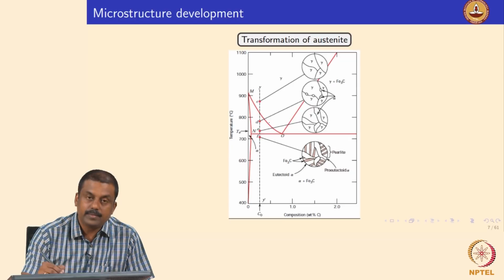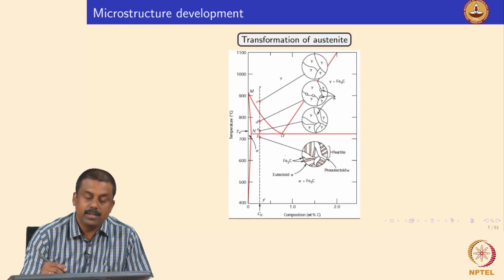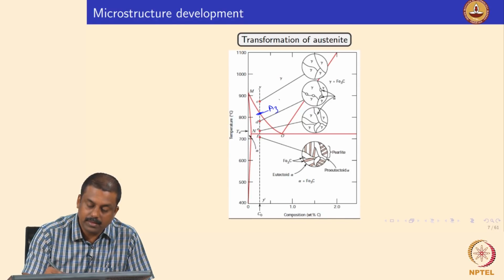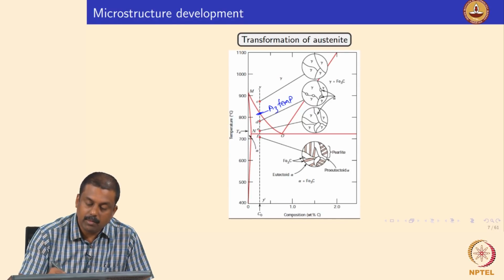So, when you cool it to subsequent temperatures, the moment your temperature reaches below this line, you would start nucleating ferrite based on your cooling rate. Okay. Suppose you are cooling to a temperature below what is known as the A3 temperature. So, you would start nucleating ferrite.